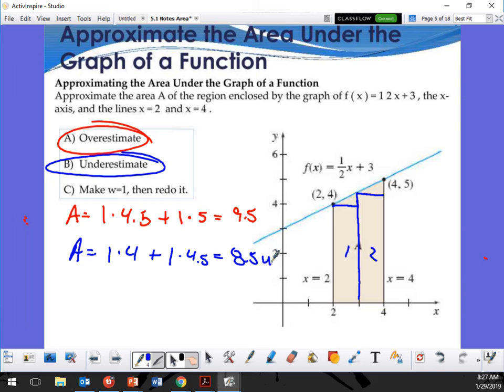And these are both units squared, right? If you notice, the overestimation has come down, and the underestimation has gone up, hasn't it? So we know that if you add more rectangles, this gets closer.